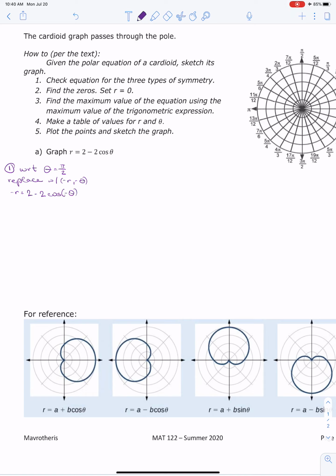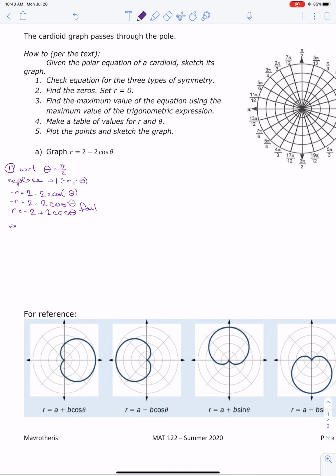But since cosine is an even function, that's the same as positive cosine theta. Moving that negative off the r and onto the other side, we get negative 2 plus 2 cosine theta. So this one is a fail. This does not reflect across that line theta equals pi over 2.